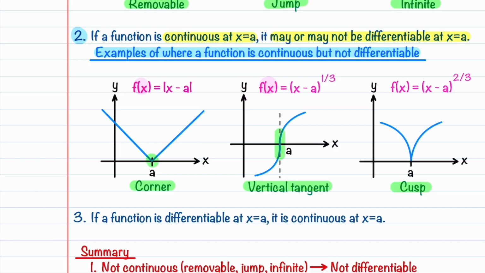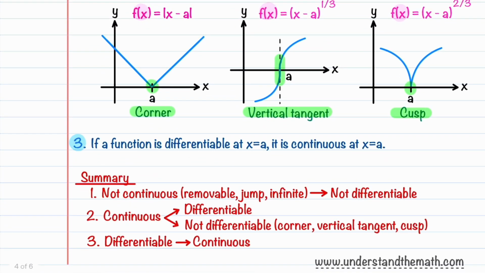A function is not differentiable at the point where you have a cusp. An example of this is the function f of x is x minus a raised to the 2/3 power. The third fact is that if a function is differentiable at x is equal to a, then you can know that it is also continuous at x is equal to a.